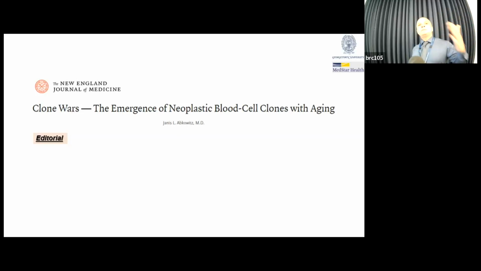They can precede the initiation of leukemia or hematologic malignancy for years before. The second piece that we can extract from this editorial is that for whatever reason, aging and all the inflammation that is initiated by aging might contribute to Darwinian forces to create a clonality that is dominant. This is the preceding event.